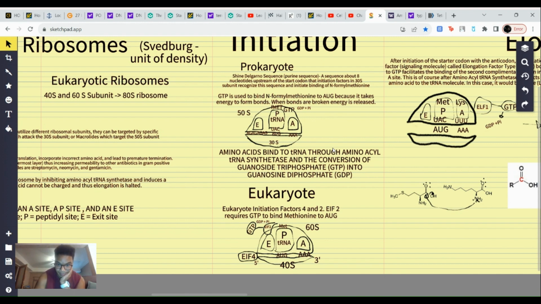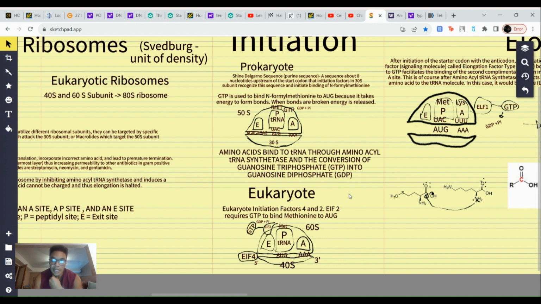So, as mentioned earlier, amino acids bind to tRNA, which is located within the ribosome, specifically in the P site, through aminoacyl tRNA synthetase and the conversion of guanosine triphosphate into guanosine diphosphate. The breaking of the phosphate bond creates the energy needed to bind the amino acid, the fundamental building block of proteins, to the tRNA.